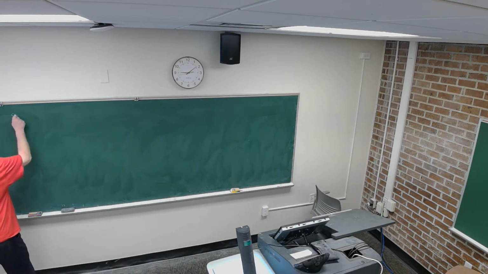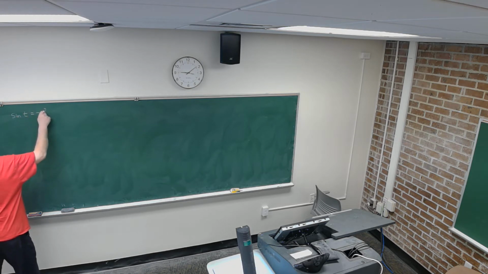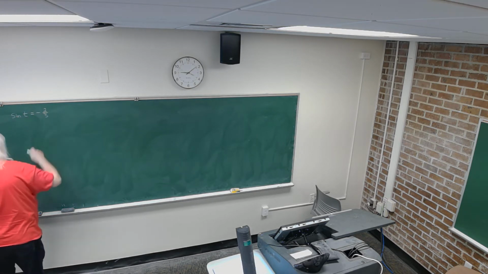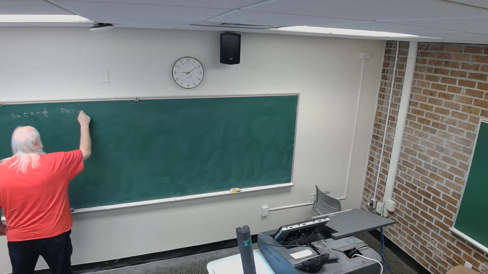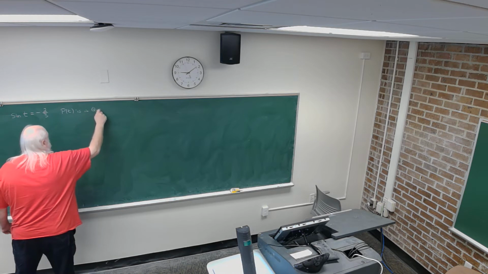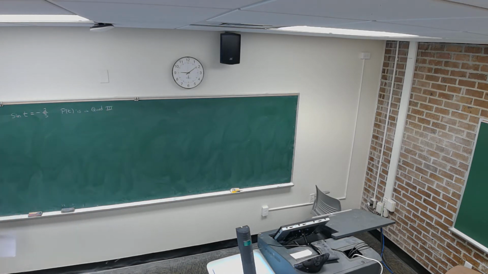So the sine of the angle t is equal to minus 2/3 and P of t is in quadrant 3. And you know that the terminal side of the angle passes through P of t.